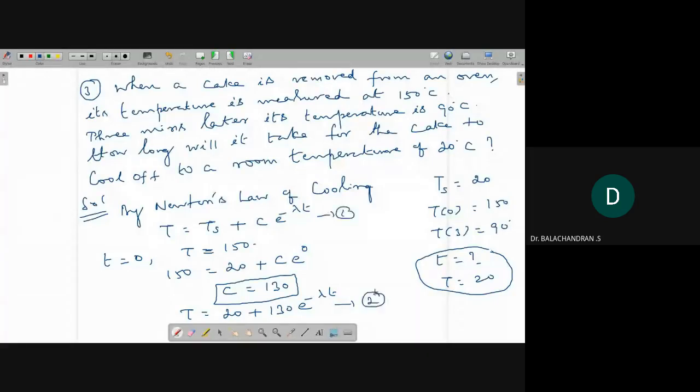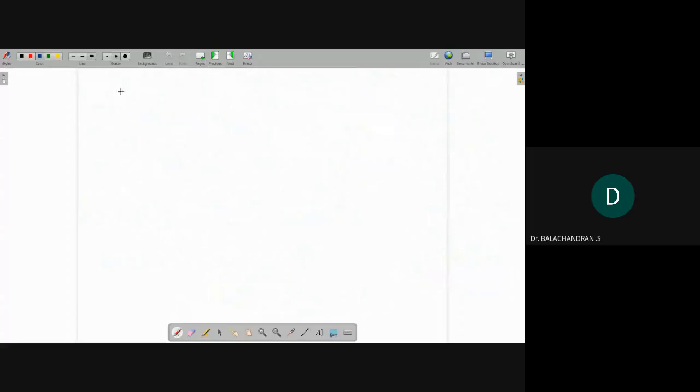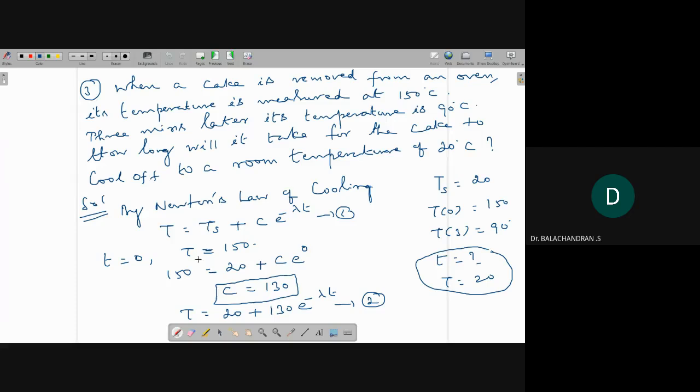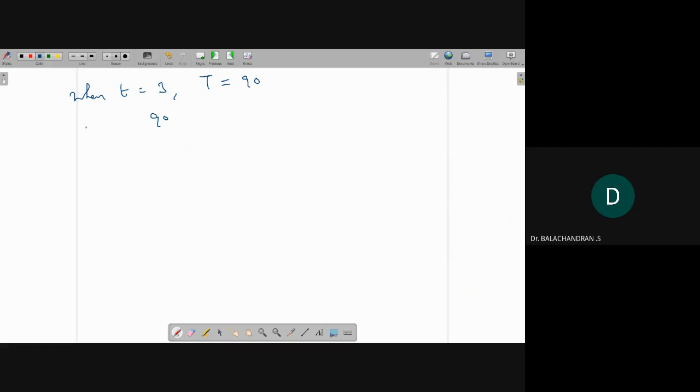Now at t equal to 3, capital T equal to, it is given, 90 degrees. So substituting in equation 2, 90 equal to 20 plus C into e power minus lambda t, and lambda t is 3 lambda.